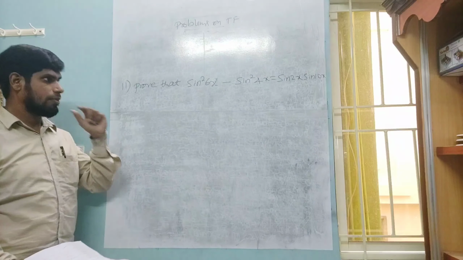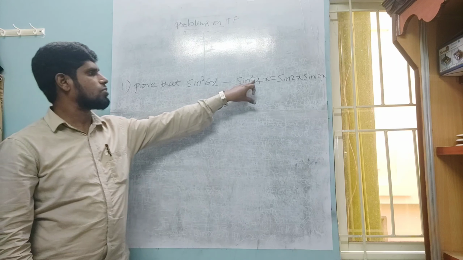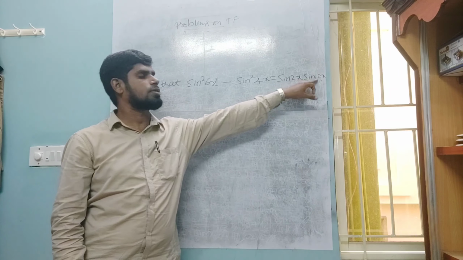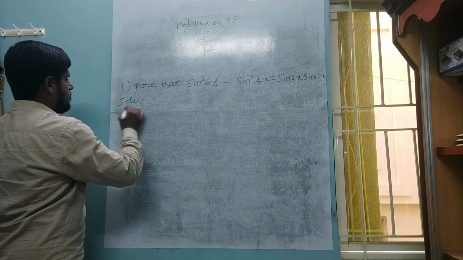Very simple problem. We should prove that sin square 6x minus sin square 4x should be equal to sin 2x into sin 10x. So this is the solution.